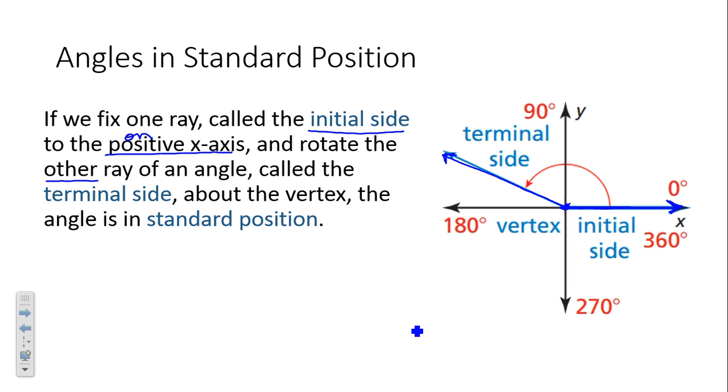So you can say other ray called terminal side. Then it's in standard position. Just some vocab we have to throw at you first. So to abbreviate these notes, just say the initial side is on the positive x-axis, the other ray is called the terminal side, and then it's in standard position when we have the initial ray on the positive x-axis.